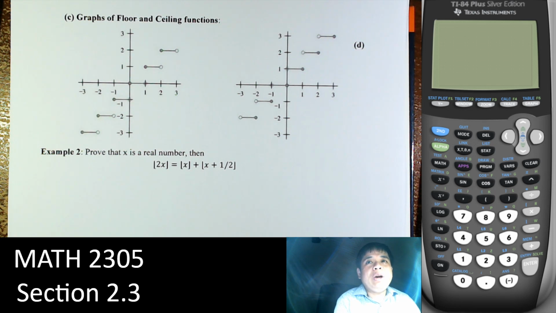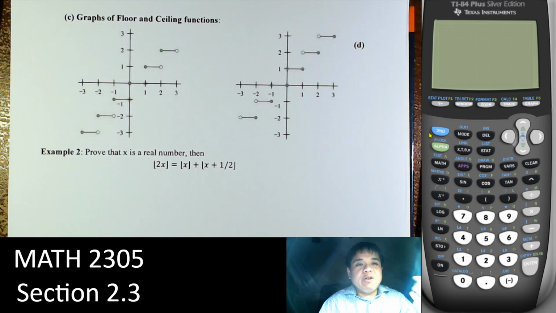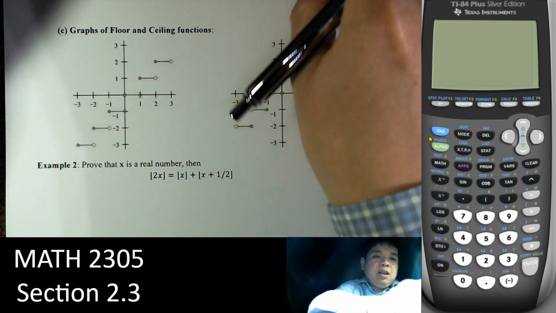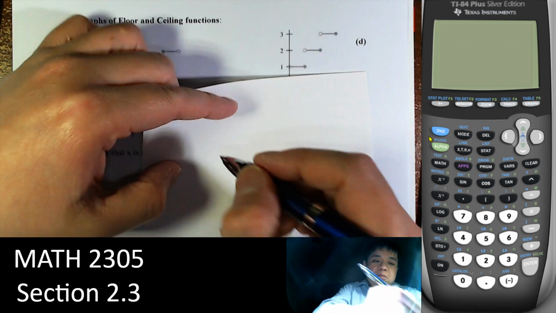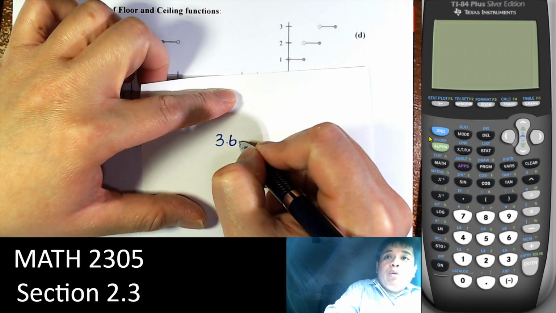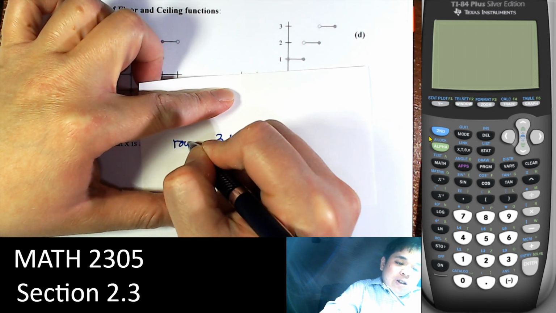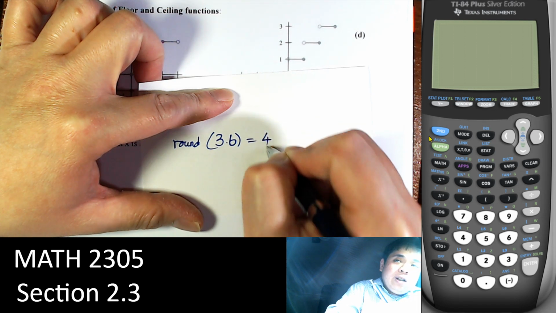Now say, what if we just want to round, like if it's more than 0.5, round up. If it's less than 0.5, we round down. Can we use the floor and the ceiling function? And the answer is yes. Now think about this. I'm just going to give you one example. If we have the number 3.5 or 3.6, if we round that, it equals 4.